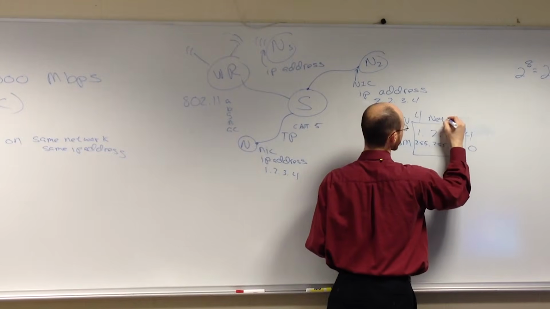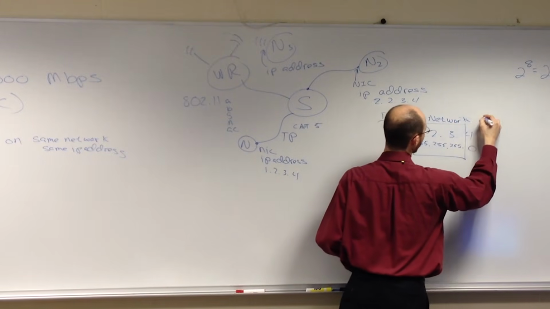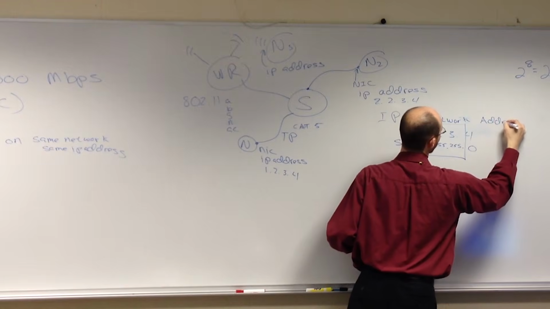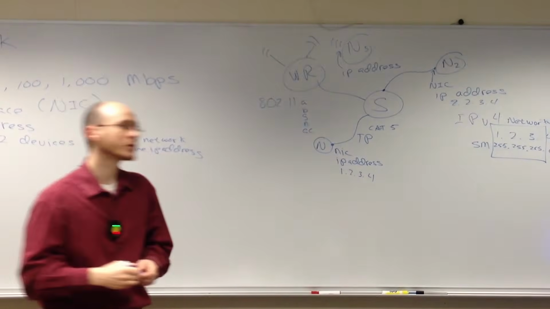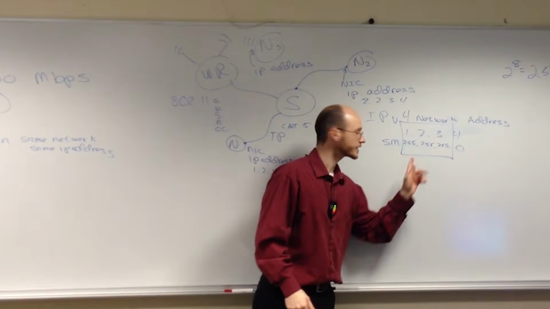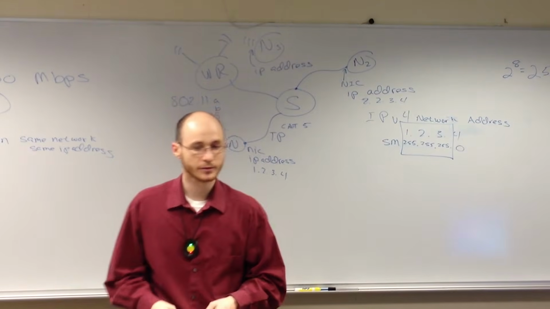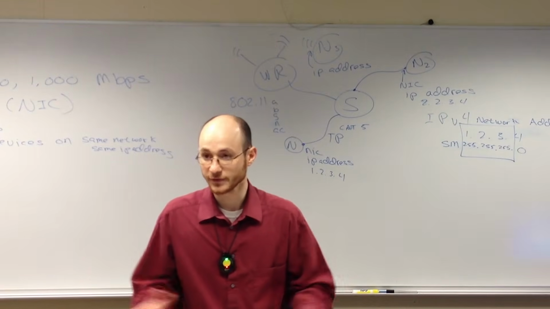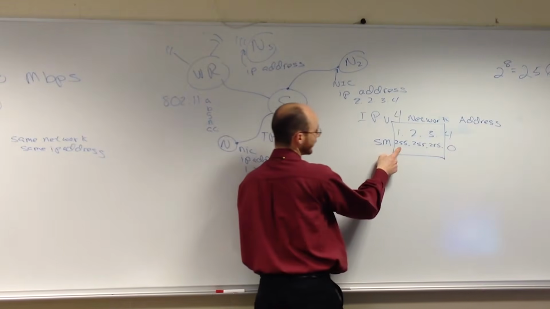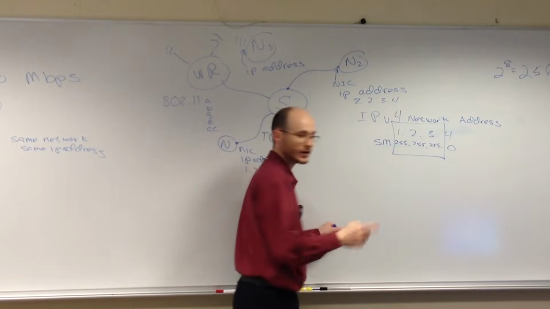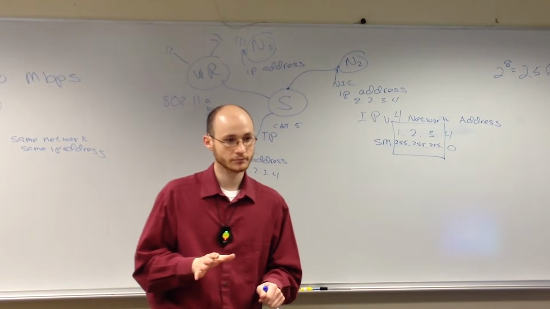This is the network address. How do you know that? What did appear underneath each of those octets, each of those numbers? 255s, right? So I'm saying any number with a 255 underneath it is part of the network address. We okay?